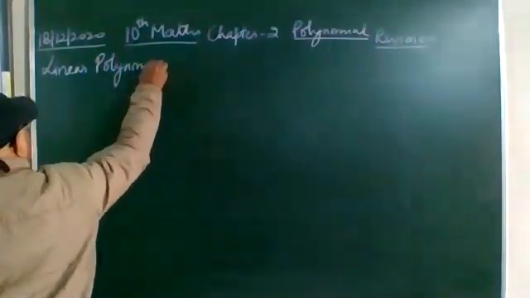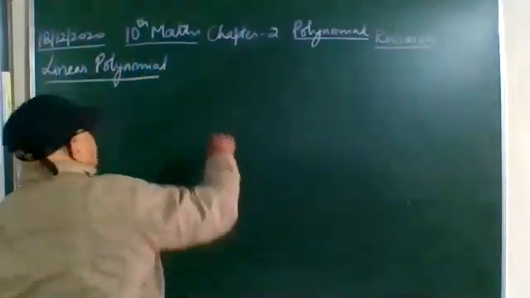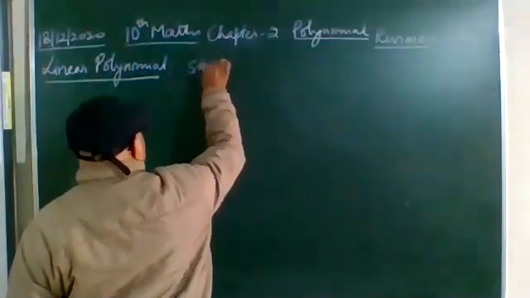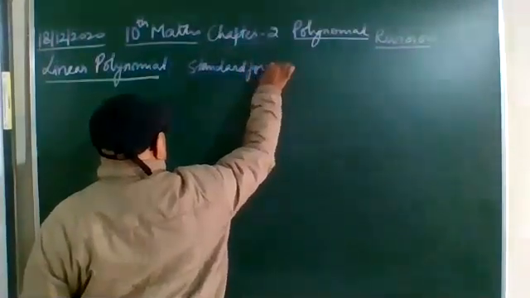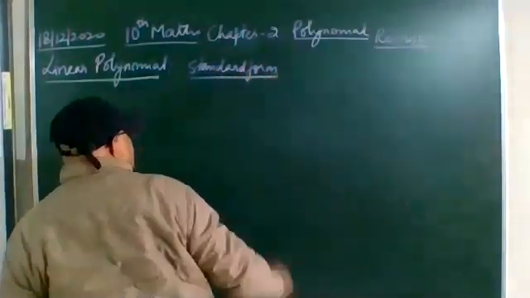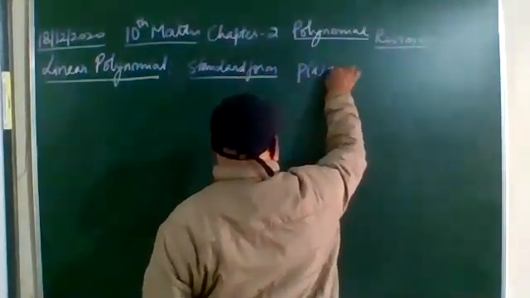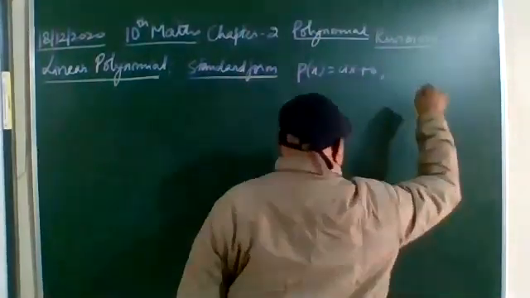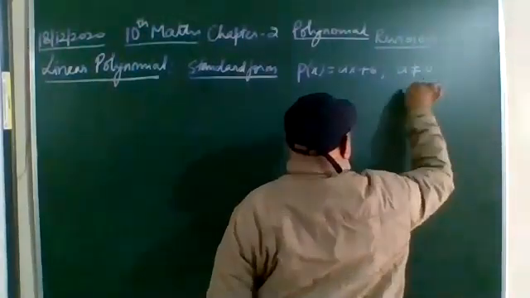So the first topic is the linear polynomial. The standard form is P(x) = Ax + B, where A is not equal to 0.